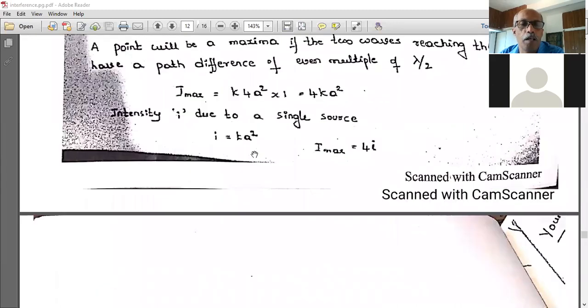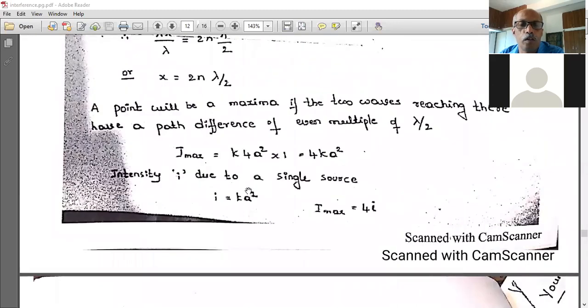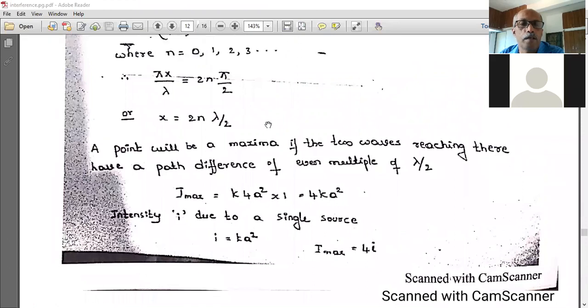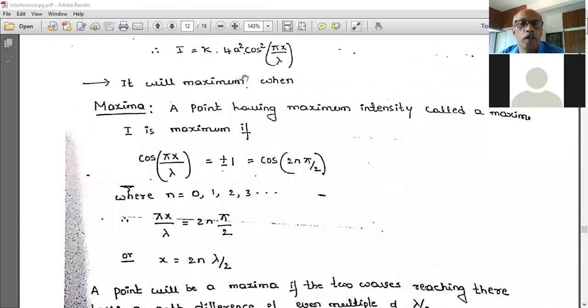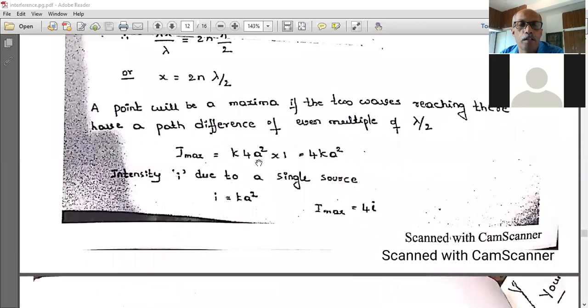Therefore, I max is equal to k into 4a square into cos square term, which will be plus 1 for these values. So it is 4ka square, since the cos term may be plus 1 or minus 1.